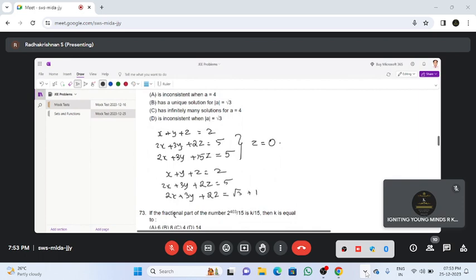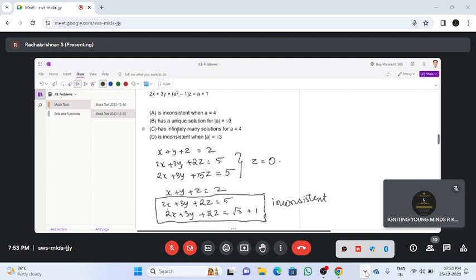So what does this equation tell us? This is inconsistent, because 2x plus 3y plus 2z equal to 5, and 2x plus 3y plus 2z equal to some other value. This will not match for any value of x, y, and z. Therefore, this is inconsistent. So which option will you choose? Option D, sir.